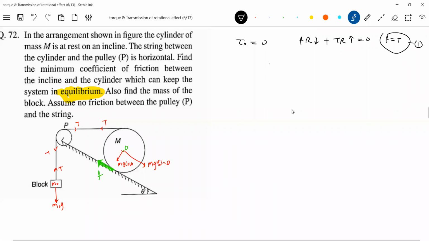This is another equation on the block. This is the torque. So therefore T equal to m naught g. This is equation 2.